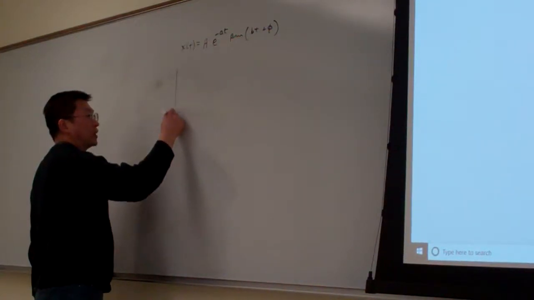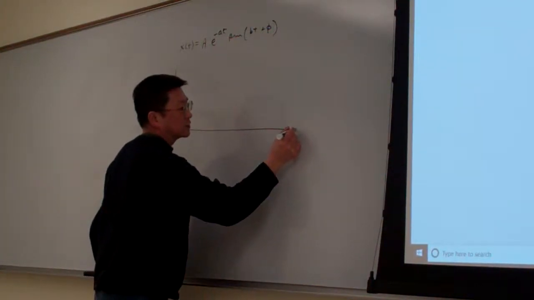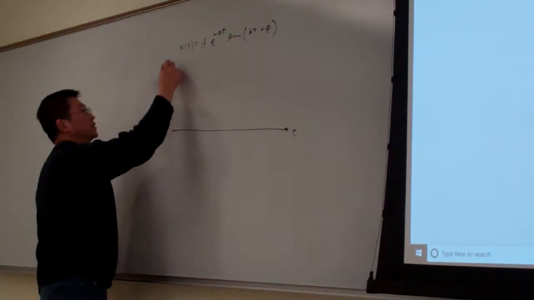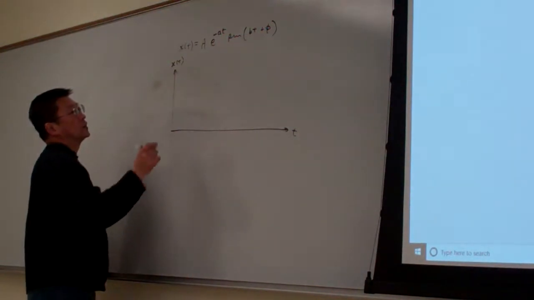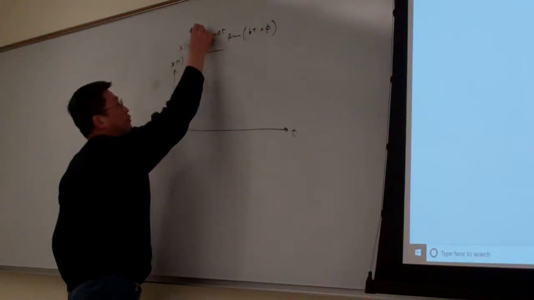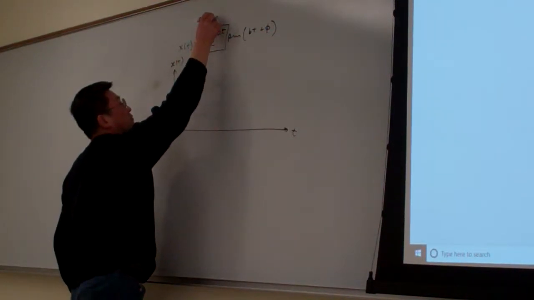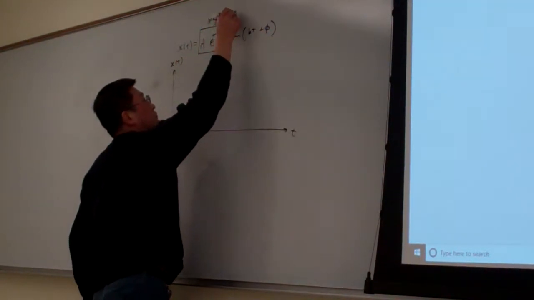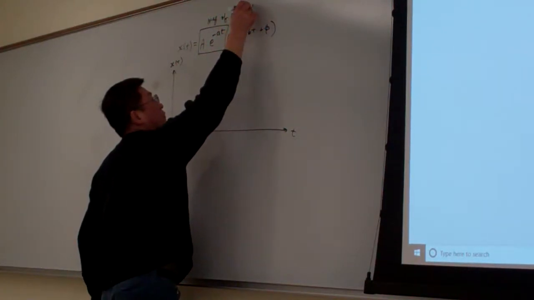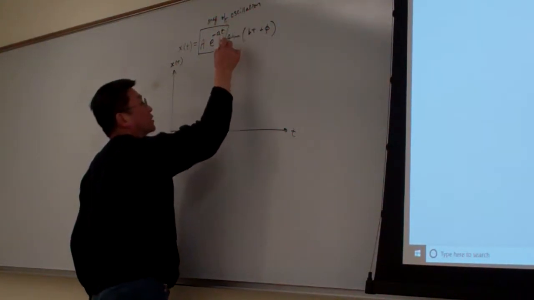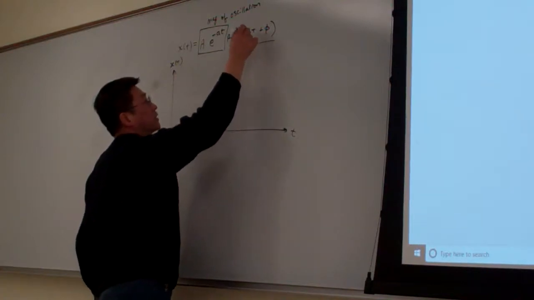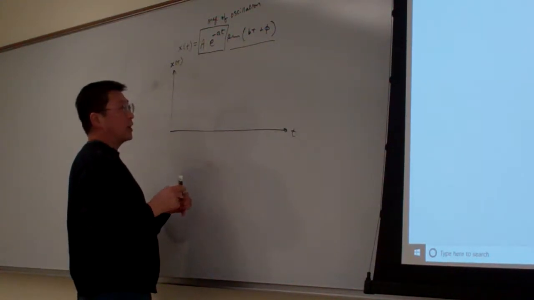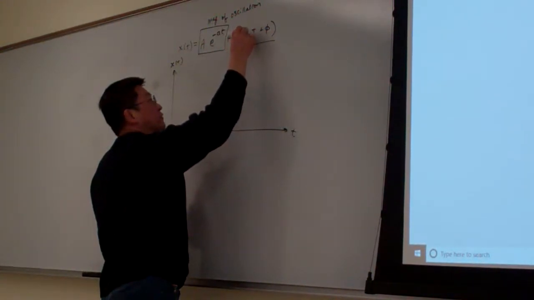In general, the response can be like this. So this is the time domain, and this is x of t. This is the magnitude of the oscillations. And the oscillation is in sinusoidal functions. The oscillation is governed by the frequency.